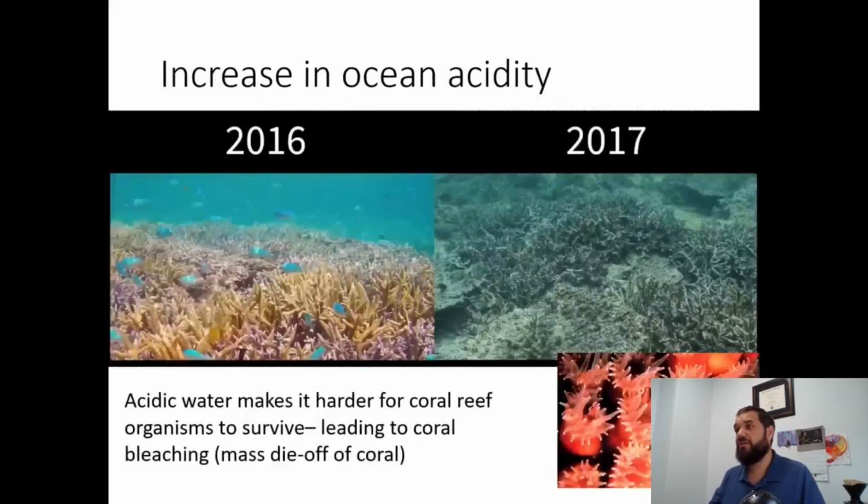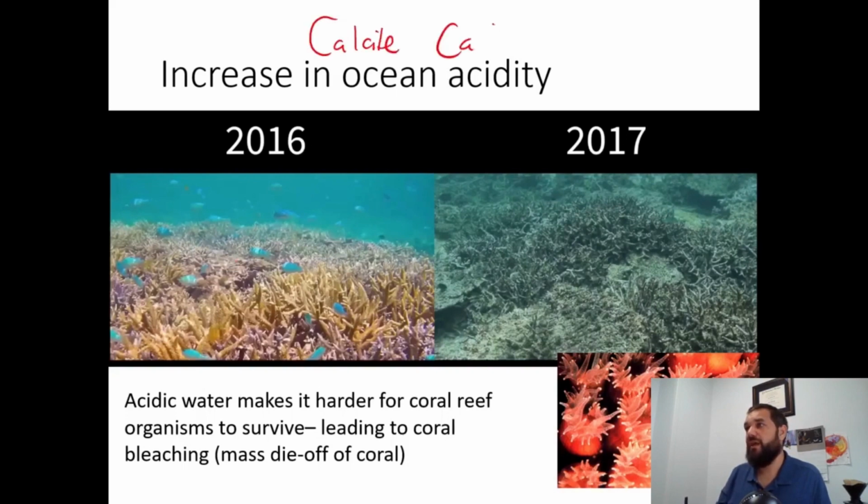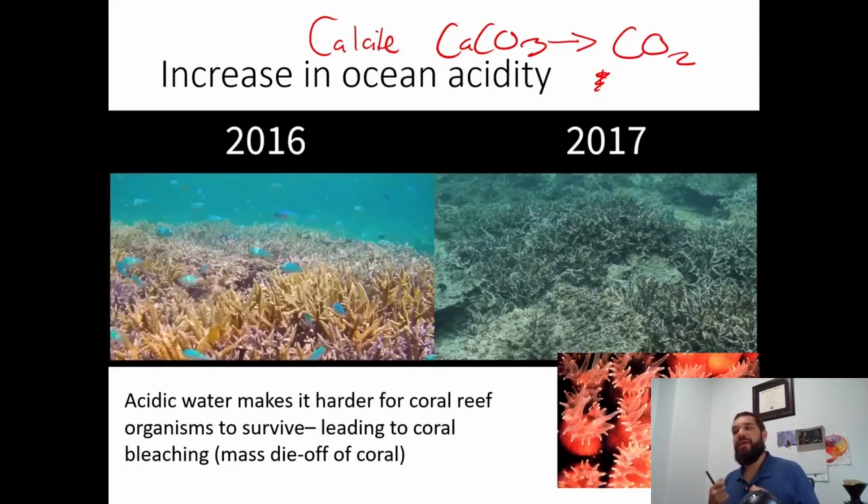You have to remember that a lot of marine organisms, we've already learned in this class, make their shells out of calcite or aragonite or some kind of calcium carbonate. And you might remember that calcium carbonate will break down and form CO2 once you react it with acid, right? So as water becomes more acidic, it becomes more difficult for these little organisms that make their shells out of calcium carbonate.